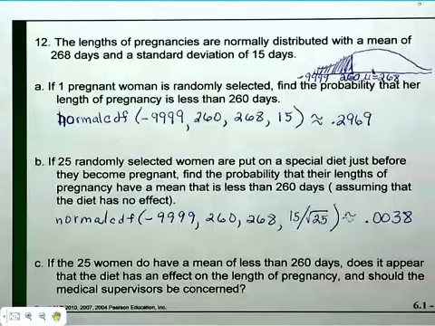Is that unusual? What's our magic cutoff for probability, what we consider usual or unusual? 0.05.